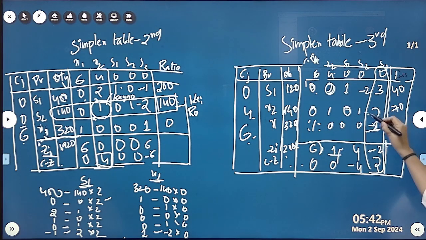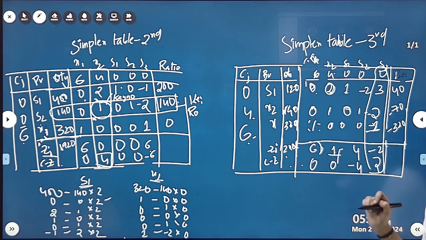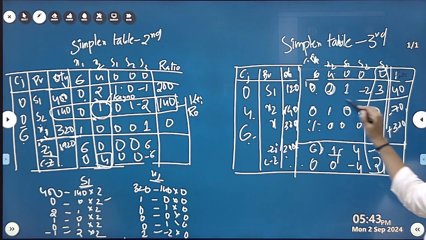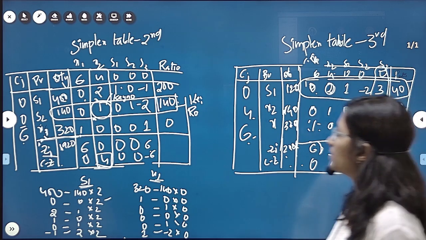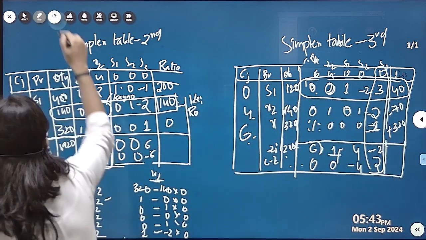Achha, okay, minus 70. 320 divided by minus 1, minus 320. This one is plus. So now what will be the key row? 40, right? So here it will be the key row. So do simplex table number 4. This is the last table.